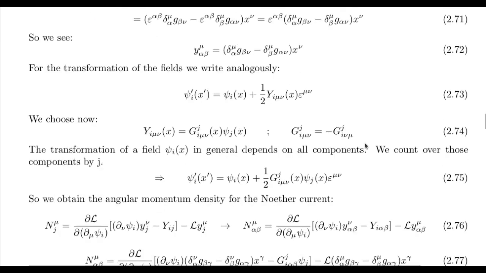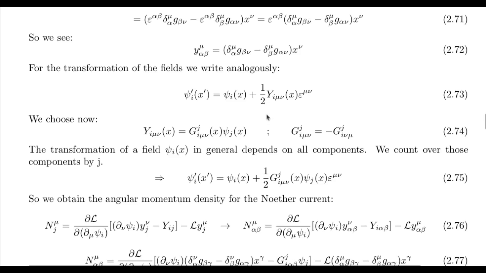And the transformation of the fields we can write in analogy. Here we have the epsilon tensor, and here we have an index more, because for rotation we have 2 indices, and for only a translation we need only a vector with 1 index.